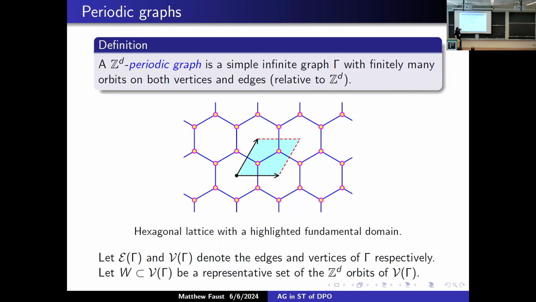It's a Z^2 periodic graph. Our Z^2 action is represented by these two vectors here. Hopefully you can see that with respect to these translates, we can reach every vertex if we start at one of these two vertices.